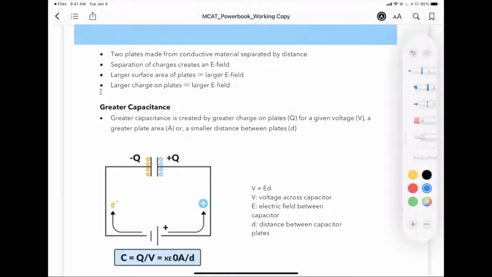Third is the separating distance, an inverse proportionality: the greater the separating distance between both plates, the smaller the capacitance. And lastly, any substance found between the two plates, termed a dielectric, which we'll touch on more later.